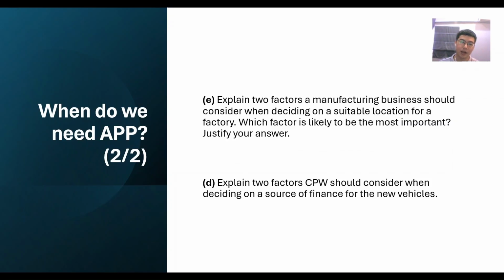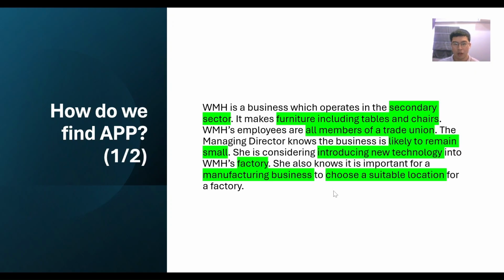Are there application marks required here? Have a look. You can pause the video. Question E does not require application. There are no names here. Question D, yes, in this case, there will be marks for application. See, simple enough, right? So how do we find application points?